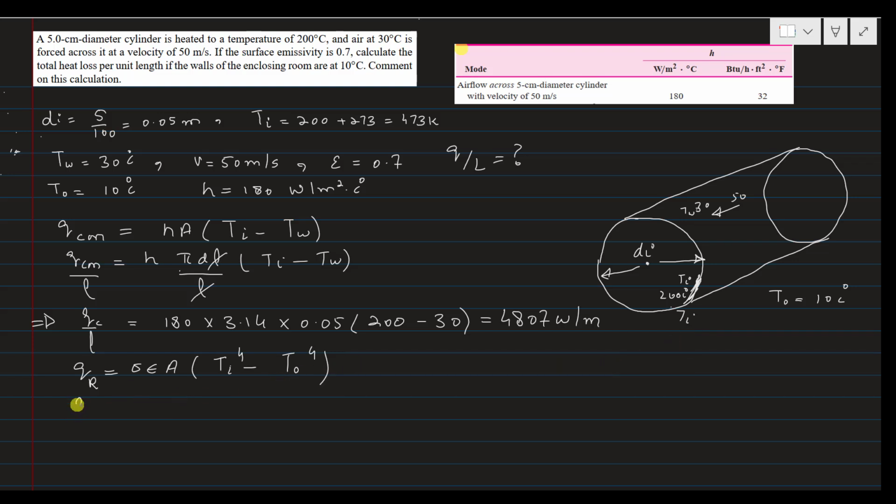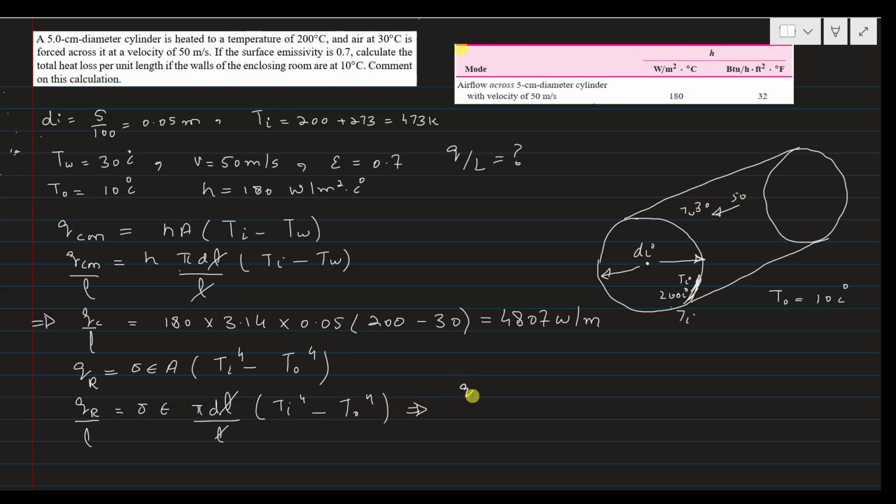Next, the radiation heat transfer is equal to sigma times epsilon times area, where the area is pi d L, so again divide by L, times Ti to the power 4 minus T0 to the power 4. Why are we dividing by L? Because we are interested in finding heat transfer per unit length. Now things are very easy.